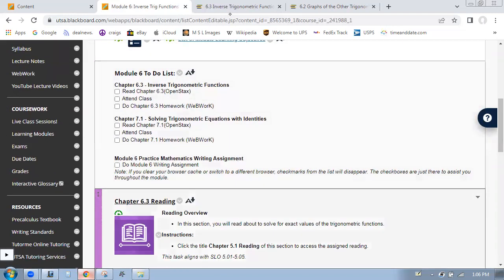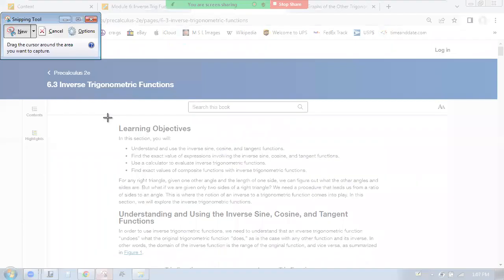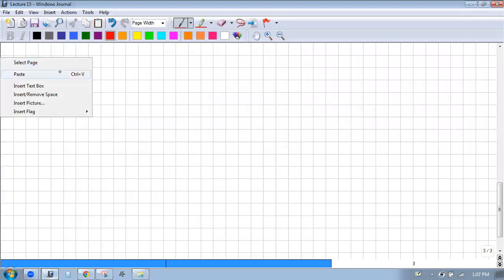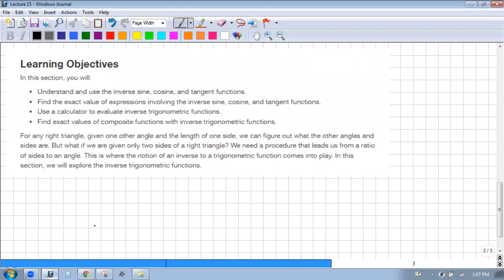But so 6.3, here's 6.3. Our goal here is to start dealing with inverses, right? Just like you have sine, cosine, tangent, we need to have sine, cosine, tangent inverse, right? Because what if I have, like, say, a right triangle, and it'll be like 3, 4, 5. Here's an angle. Let's say I know 2 out of 3 sides. What's the angle? I don't know.